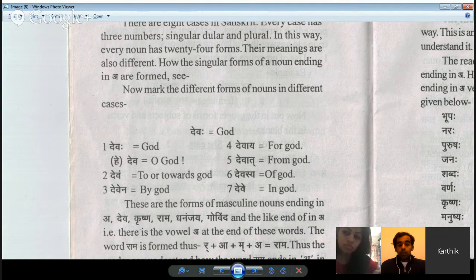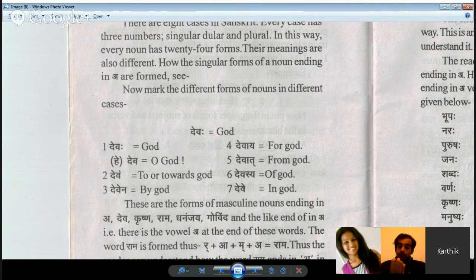Okay, Ramaha Dadati means Rama gives. What does Rama give? Ramaha Pustakam Dadati. So Pustakam is the object. What does he give? He gives a book. Who does he give the book to? He gives it to Lakshmana. Ramaha Lakshmanaya Pustakam Dadati. Means Rama gives a book to Lakshmana.